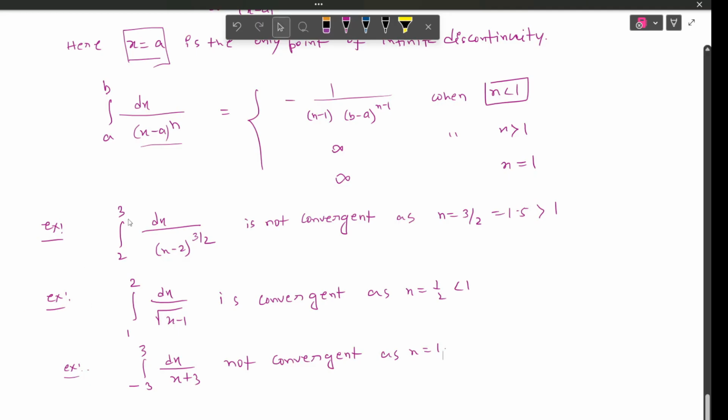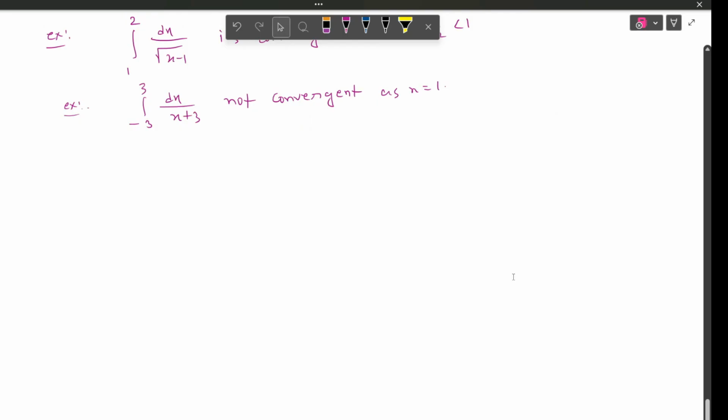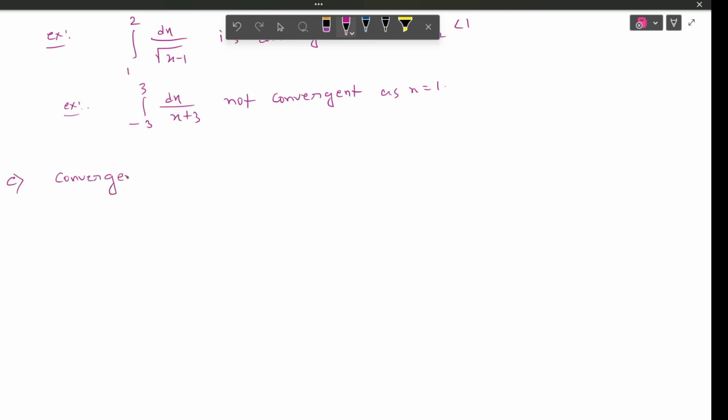Now this is the convergence of integration a to b dx by x minus a to the power n, where you have the point of infinite discontinuity at the lower limit. Now let's see our second type, that is convergence of integration a to b dx by b minus x to the power n, where n is greater than 0.